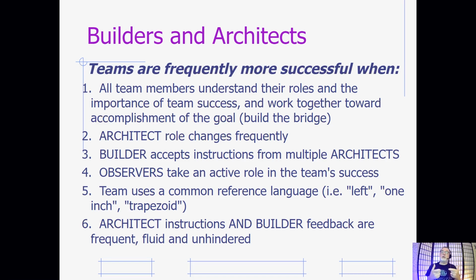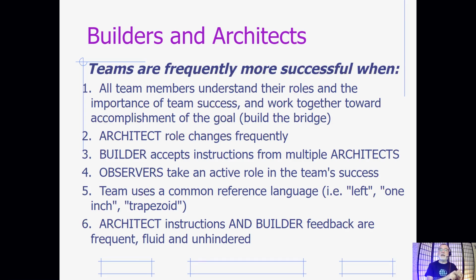So what we learned is that we would be successful if the observers were the empowered people, because they had the most information, and we were tap, tap, tap, because we could see. The architect couldn't, the builder couldn't.